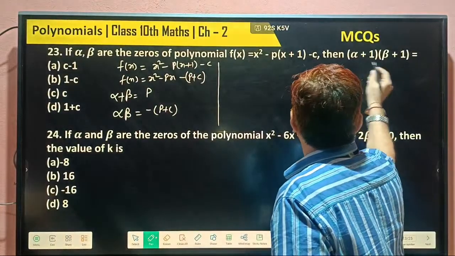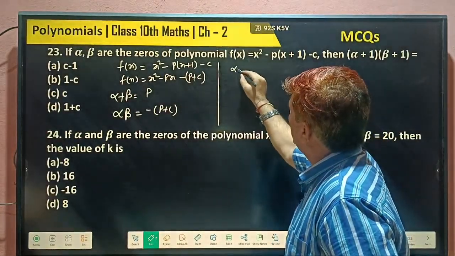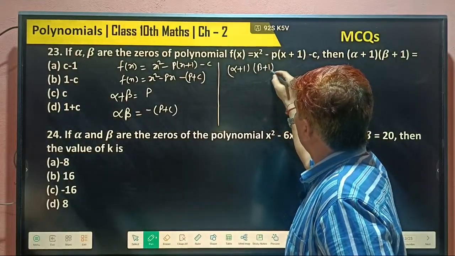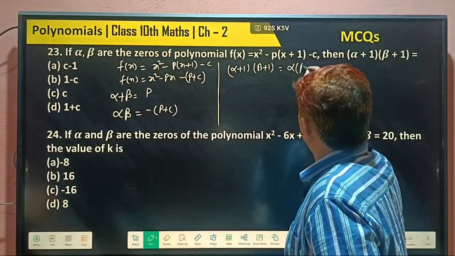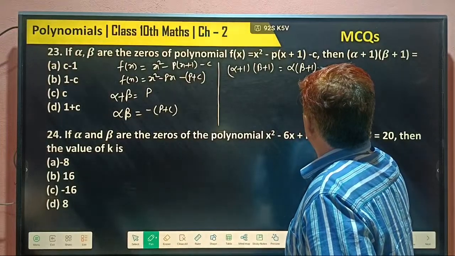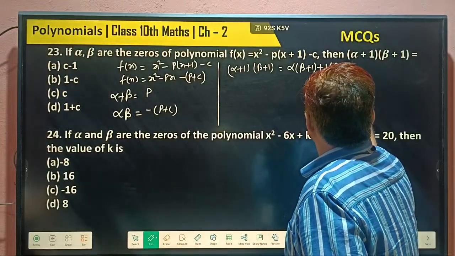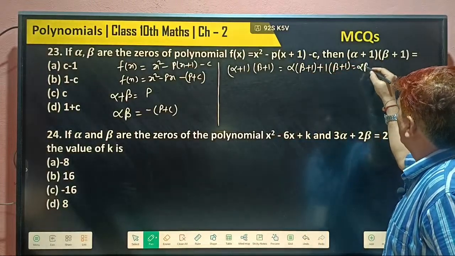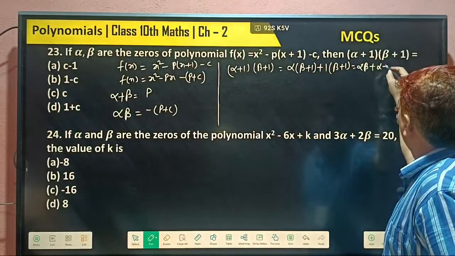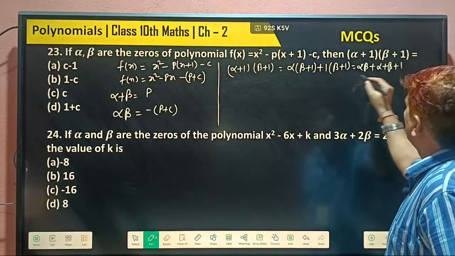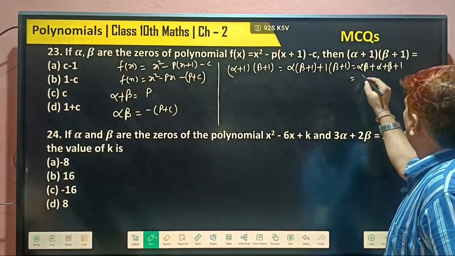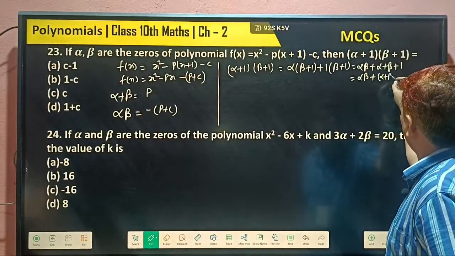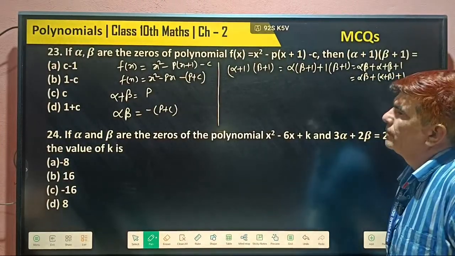Now what we have to find out? This alpha plus 1 and beta plus 1. If you solve alpha plus 1 into beta plus 1, it is alpha beta plus alpha plus beta plus 1.